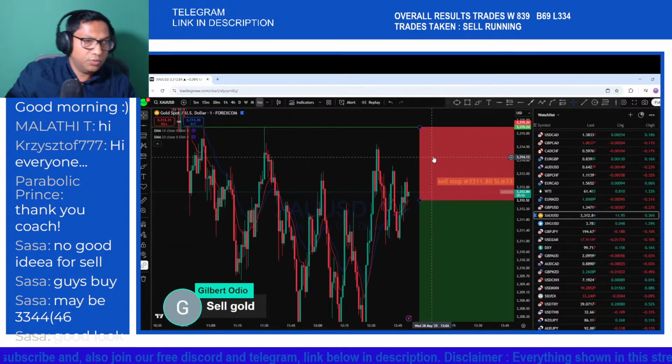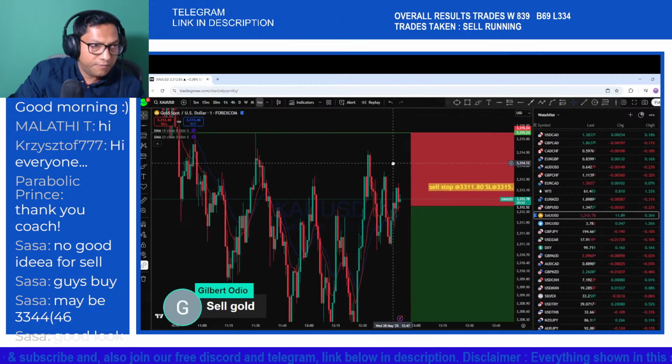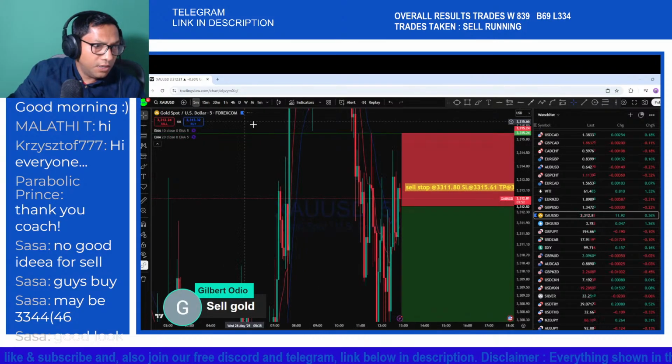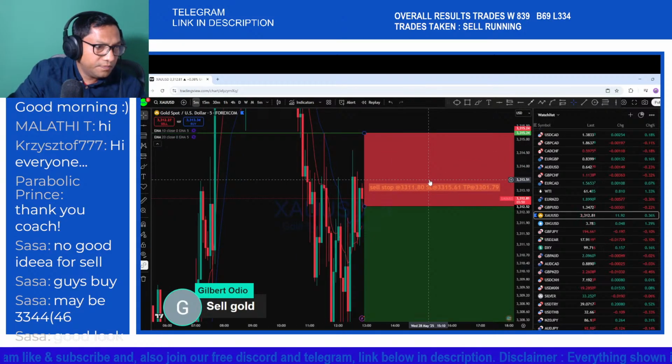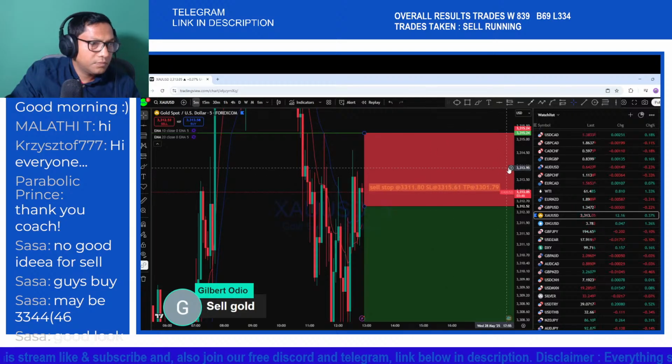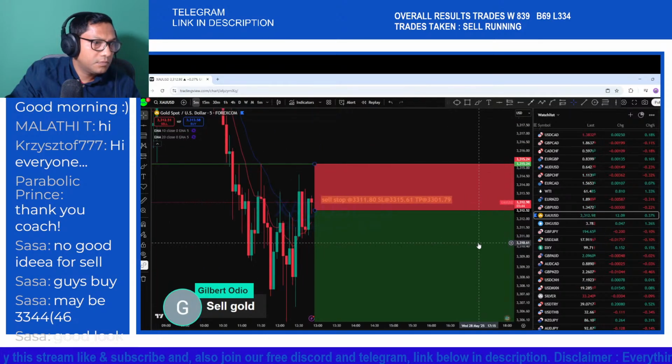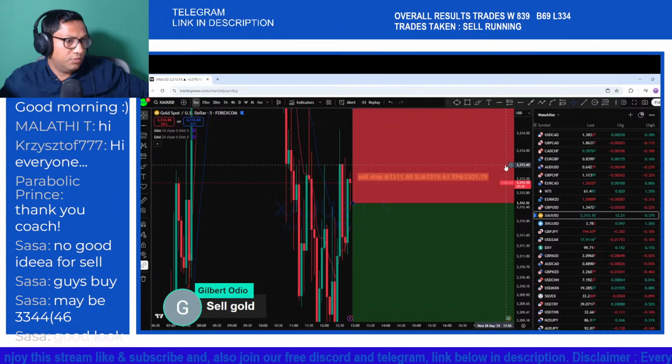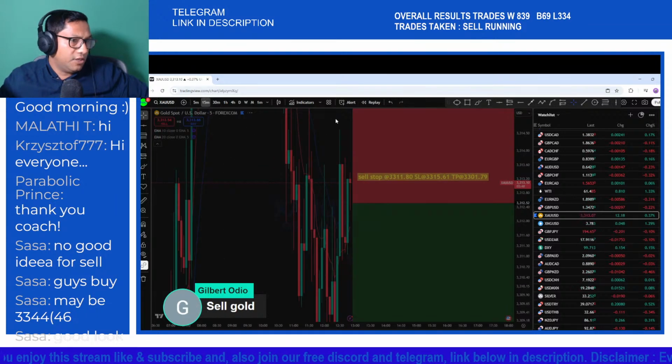It's trying to break here, 5 minute candle. Should we hedge? I think we should still be holding it here in this area.